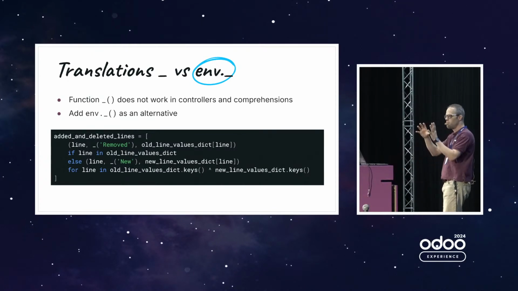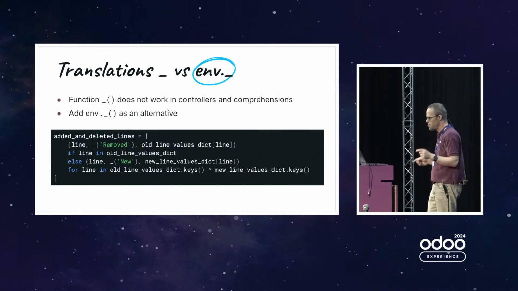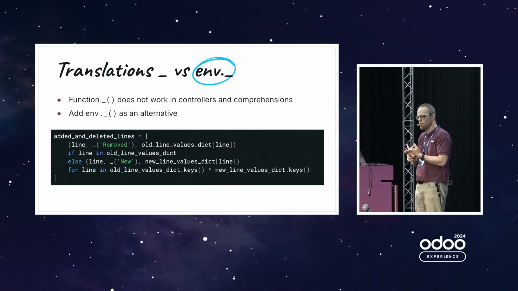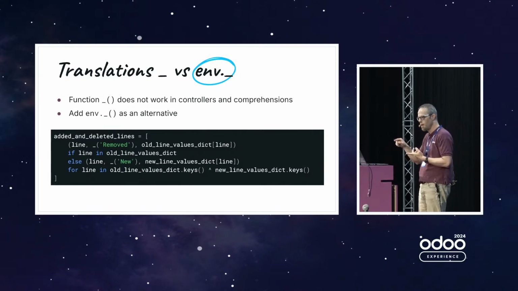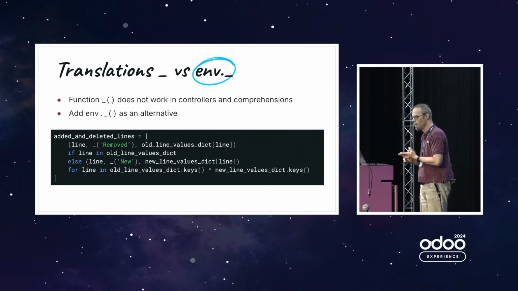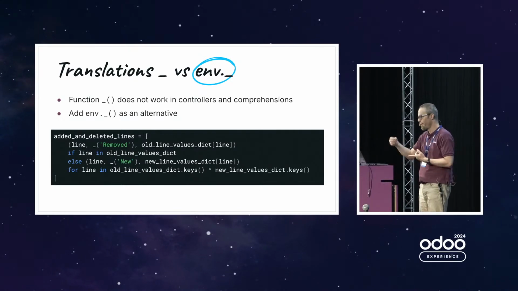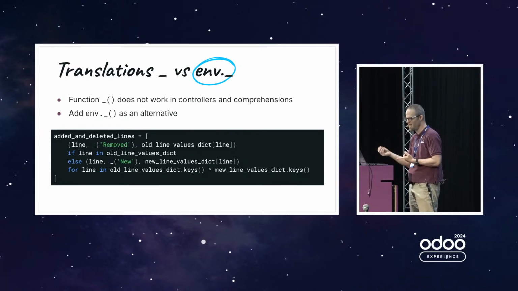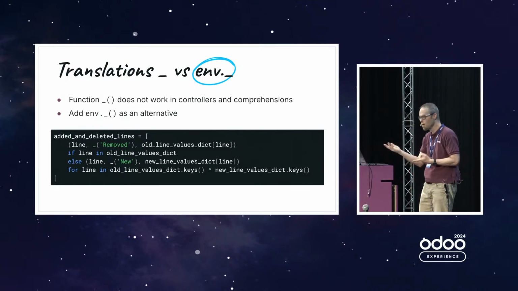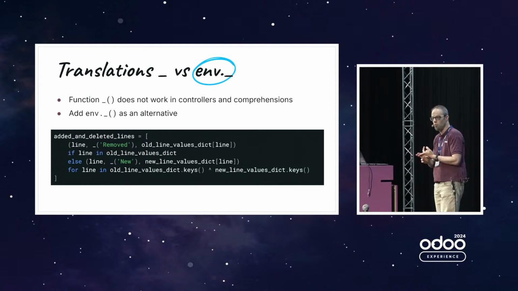This is a minor change, but it's common. For instance, the translation function underscore does not work if you use it in a controller, because self is the controller. It's not a record set. It does not have an environment, and therefore, by default, that function didn't work.